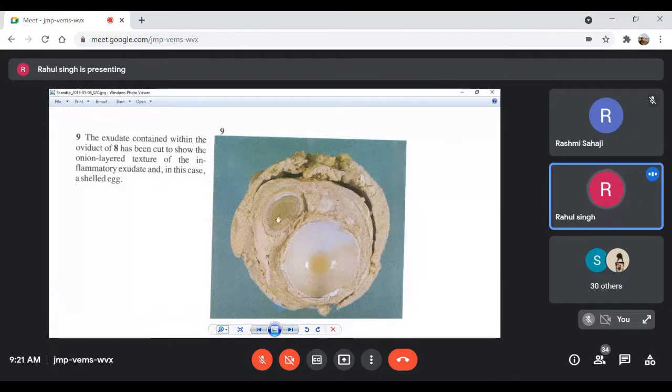It has turned into a caseous mass, and over it layer after layer of exudate has been deposited. This was a fully formed egg that got stuck, and in this only the yolk part got stuck, and it turned into an onion peel like structure. You can see that. Any doubt till now? Anything you want me to explain again?